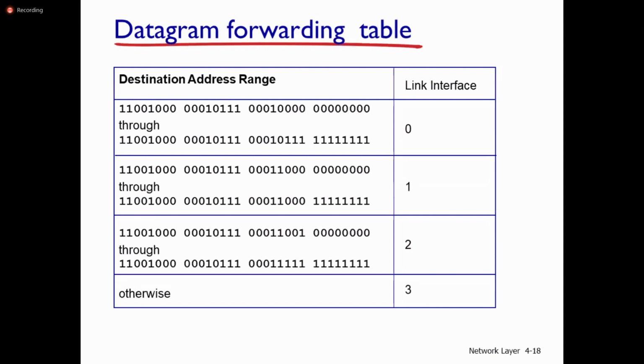These are the destination address ranges; we considered 4 ranges: this range to this range, the second one, the third one, and finally the remaining ones. If it comes under this range, link interface 0, link interface 1, link interface 1, link interface 3. So we divide the addresses into 4 ranges, and based on the range, we forward the packet.